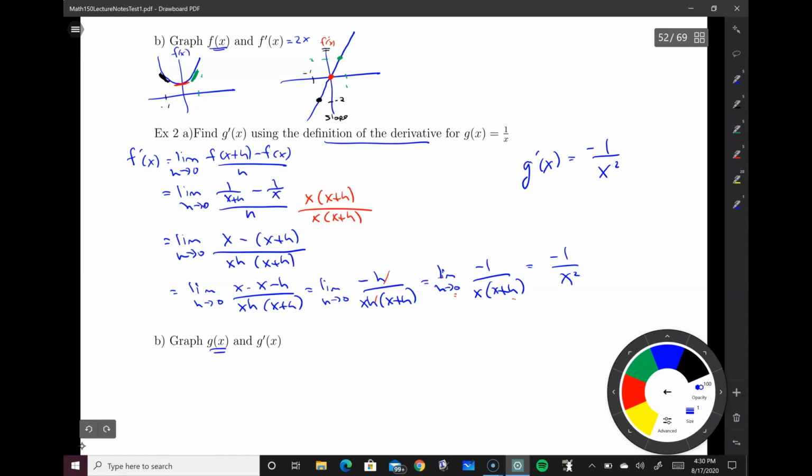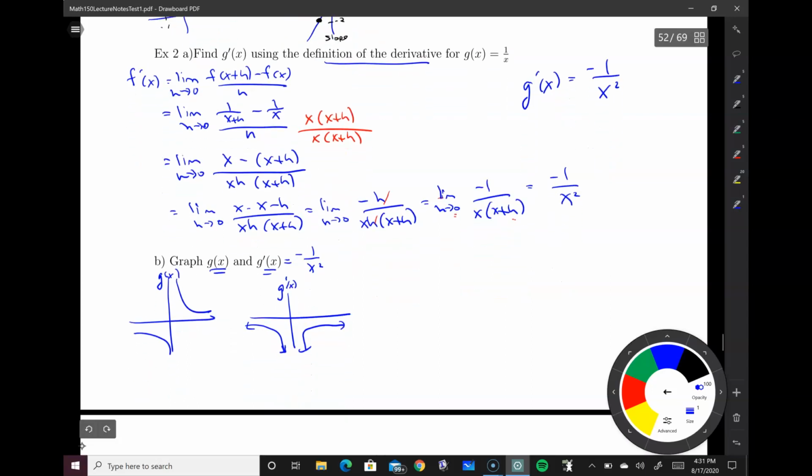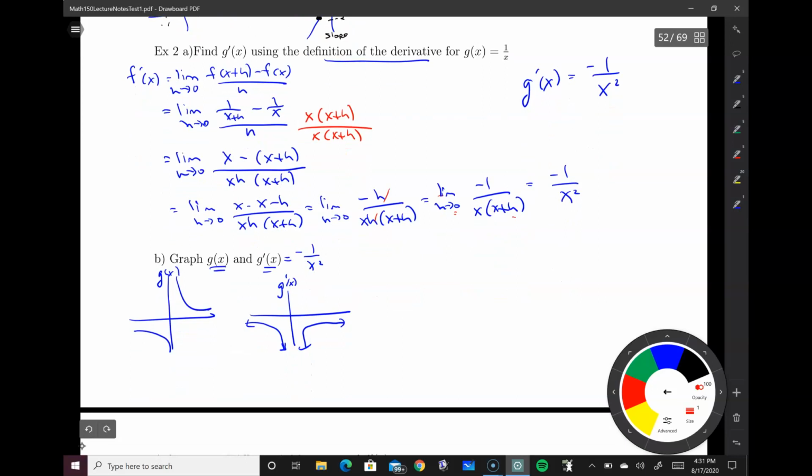So g of x is 1 over x. We know that looks like this, right? g prime of x is negative 1 over x squared, which, if we flip it over the x-axis, looks like this. So this is g prime, this is g. Again, we're going to be investigating things like this. So let's look at this for a second.